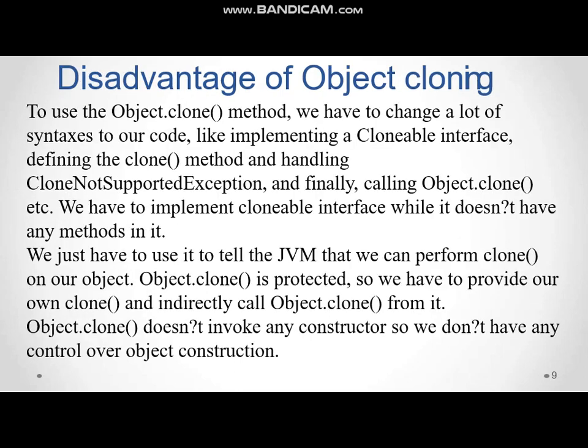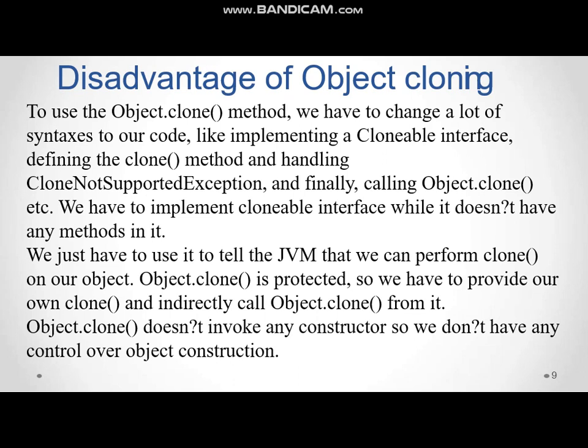Disadvantages of object cloning. To use the Object clone() method, we have to add a lot of syntax to our code, like implementing the Cloneable interface, defining the clone() method, handling CloneNotSupportedException, and finally calling Object.clone(). We have to implement the Cloneable interface just to tell the JVM that we can perform clone() on our object.